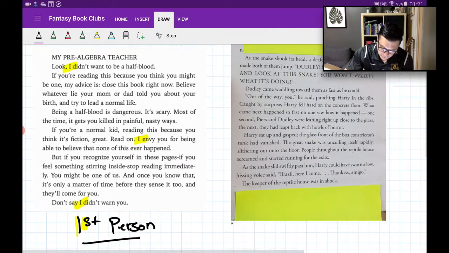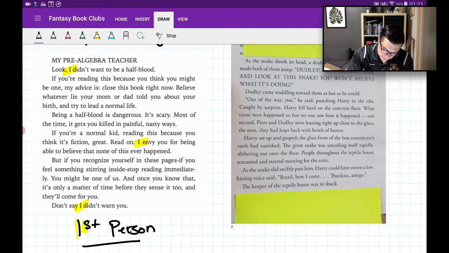Okay, and over here on the right is an excerpt from Harry Potter. Here, if I look through, you'll notice that there is no "I," right? So it's almost like the story is being told from someone who's not part of the story.